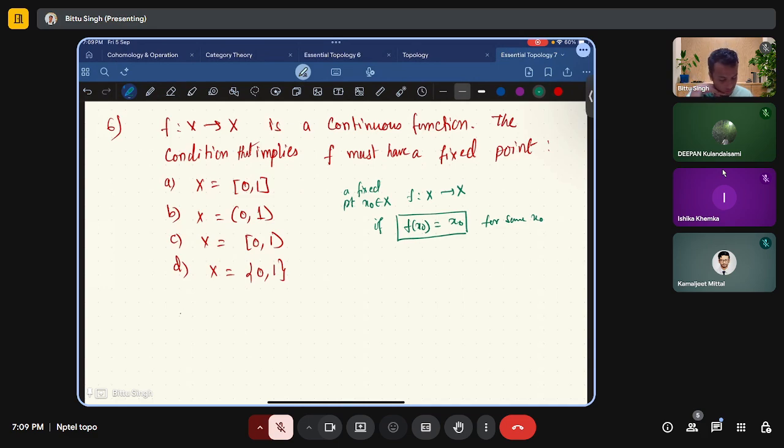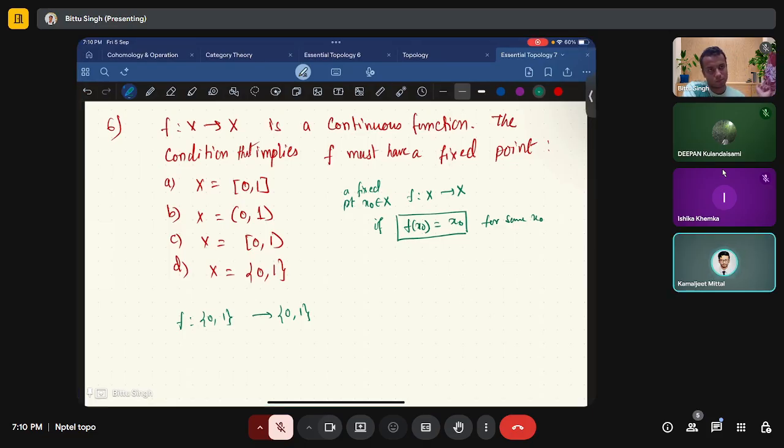If we consider option D, the domain is 0 1, codomain is 0 1. Is it true that f must have a fixed point? Can you create a counterexample, that is some function which has no fixed point?